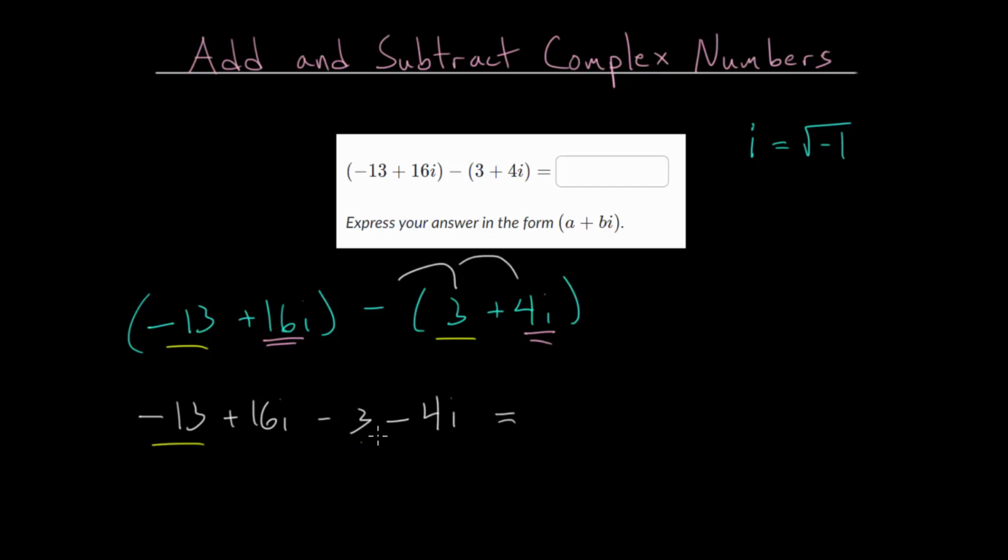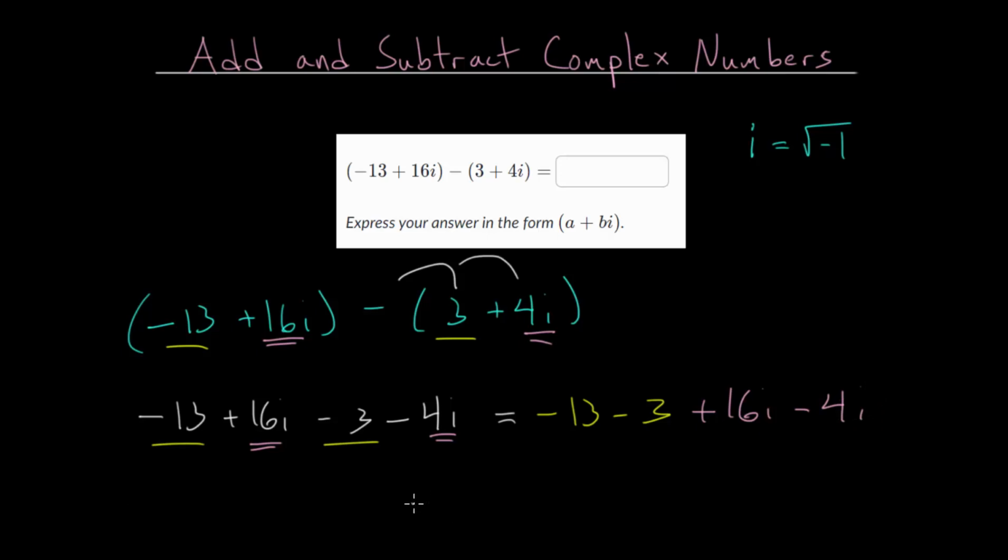Now, like I mentioned, we are just going to combine those real parts together, and then we'll combine the imaginary parts together. So we get -13 minus 3. We'll write that first, since we usually write the real part of a complex number first. And then we have plus 16i, and we're going to subtract 4i from that.